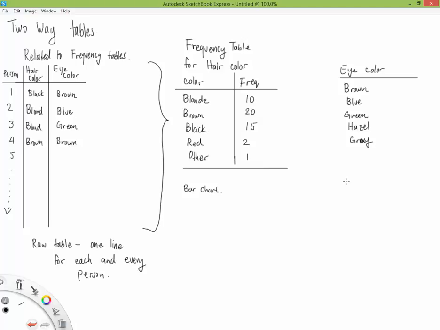Am I missing any eye colors there? Black? Do people have really? I always feel like it's just dark brown, right? Huh? Velvet? Gray? Well, we'll say gray and velvet. I don't know. All right, we'll just say other.